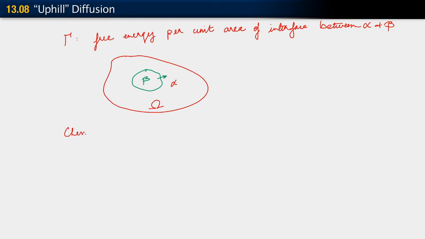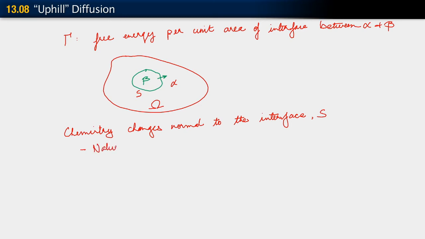So the chemistry changes normal to the interface, and I'm going to denote that interface as S. The reason the chemistry changes is because the nature of bonding is changing as you go from beta to alpha, or as you come from alpha to beta.